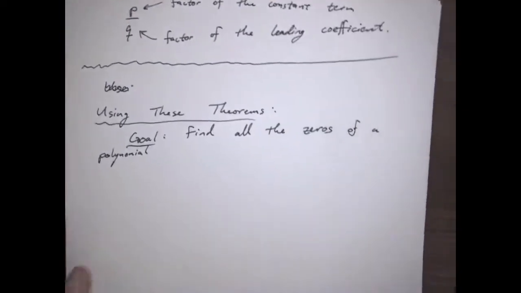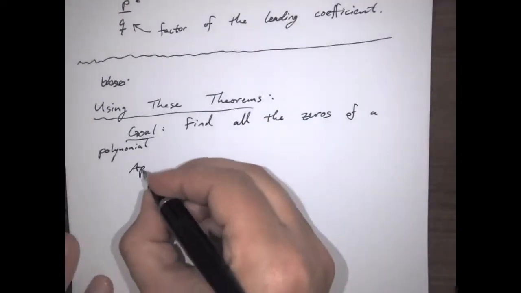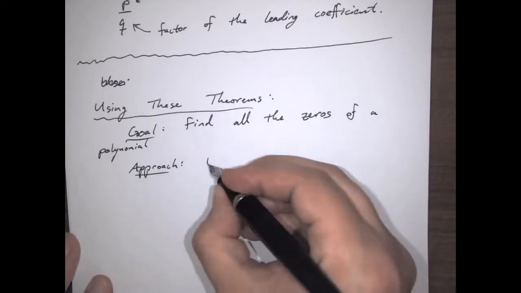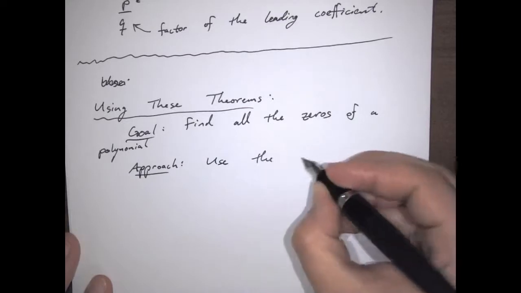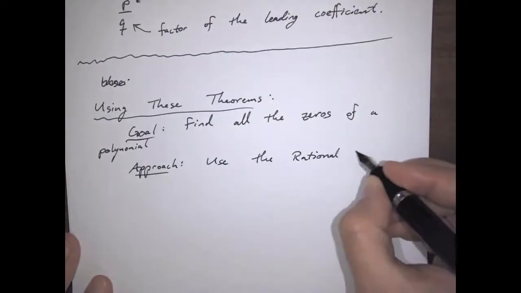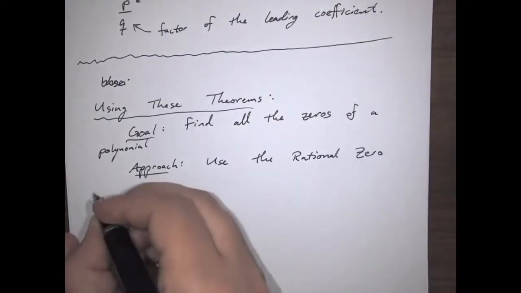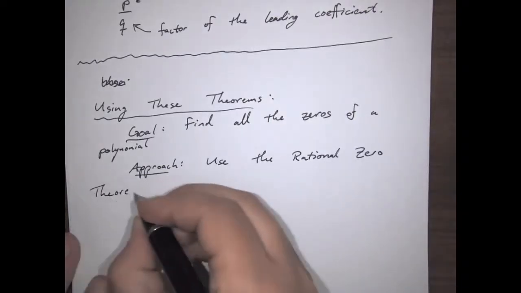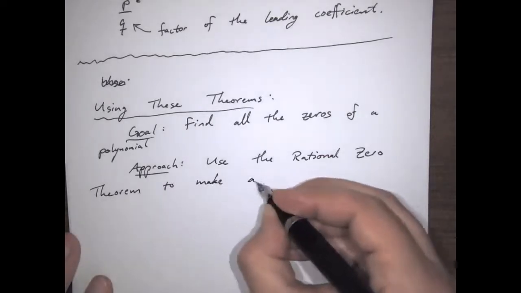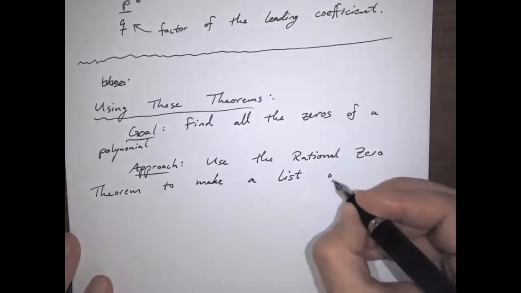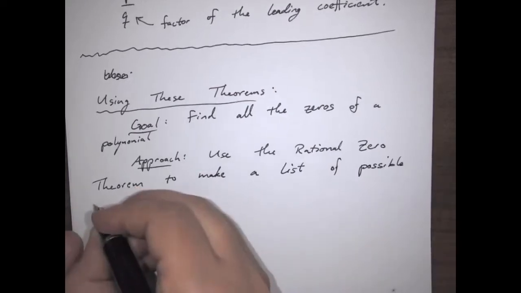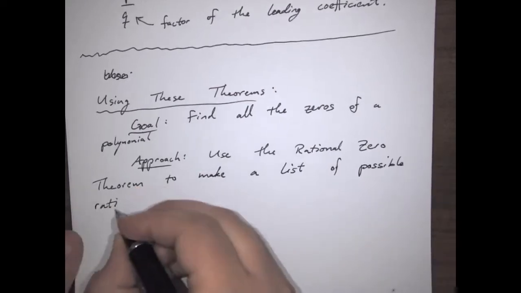That's the goal. And here's the approach. Use the rational zero theorem to make a list of possible rational zeros.